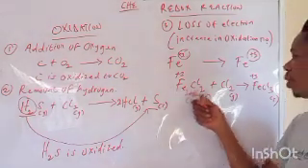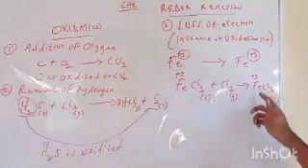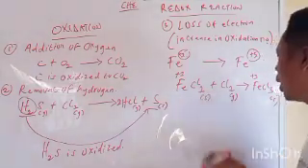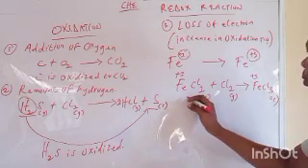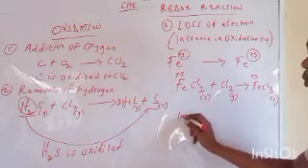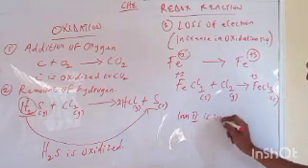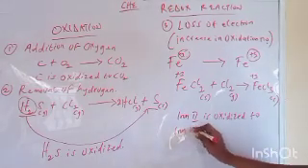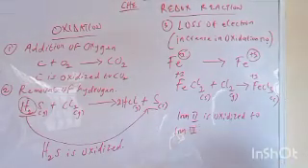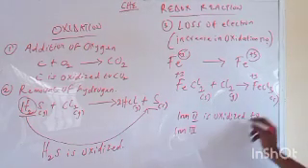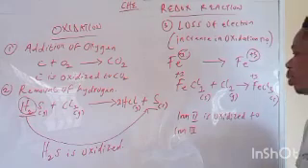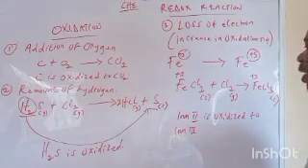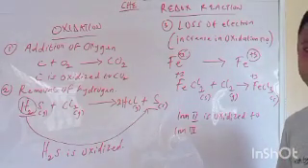That's why we call this compound iron 2 chloride and this compound iron 3 chloride. So I would say iron is oxidized, or iron 2 is oxidized to iron 3. So this is a typical example of oxidation involving increase in oxidation number.